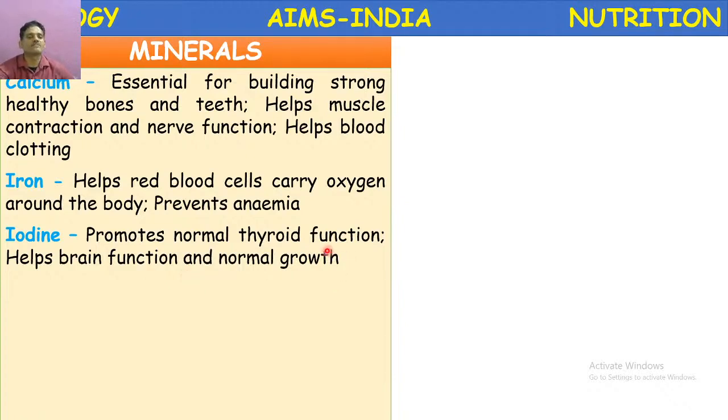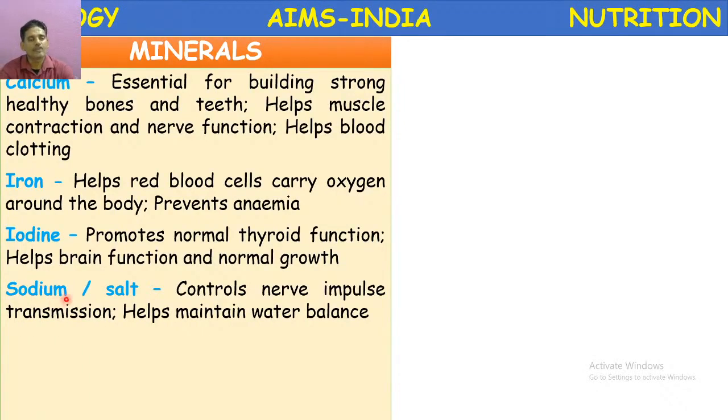Growth and metabolism is the main function of iodine, that is the function of thyroxine hormone. Its deficiency causes goiter disease, enlargement of the thyroid gland.